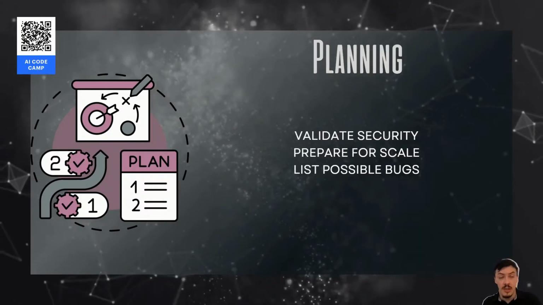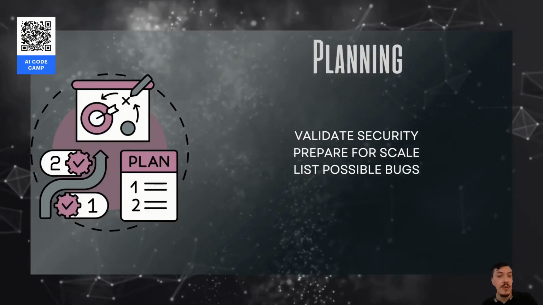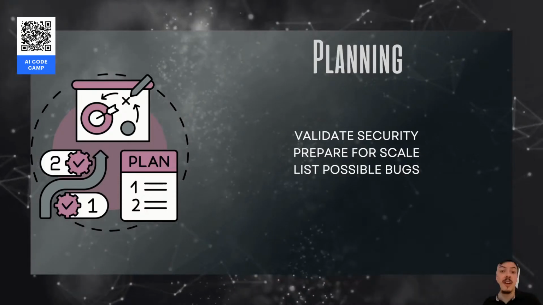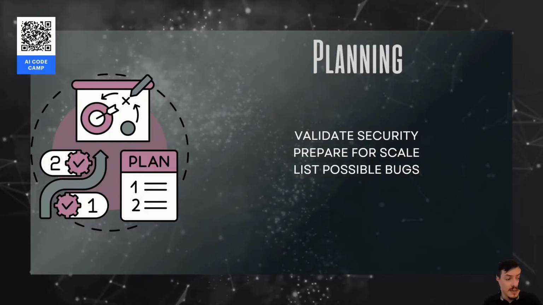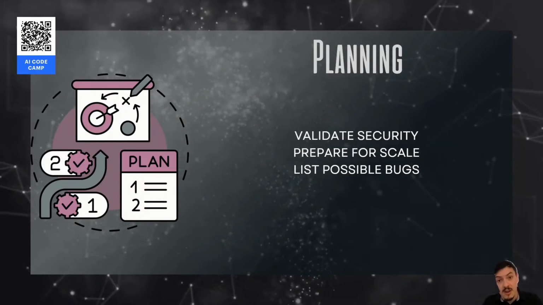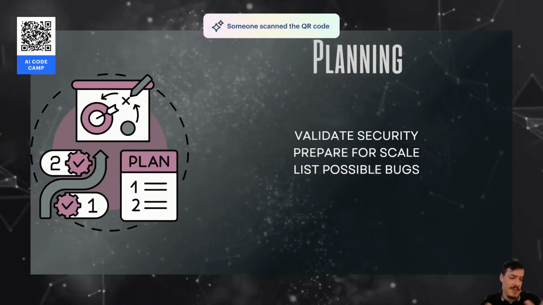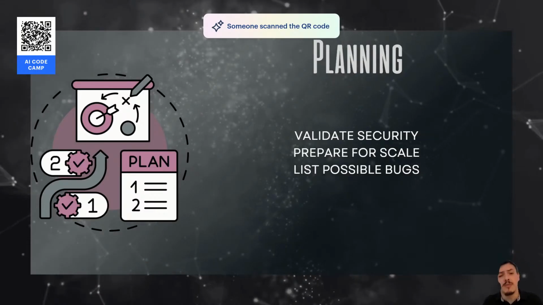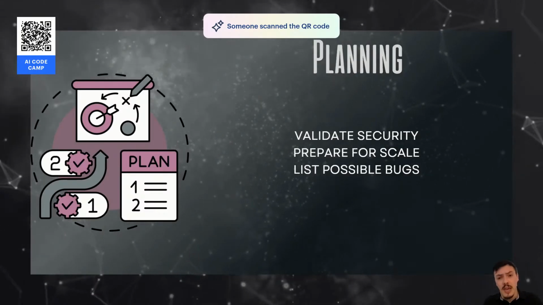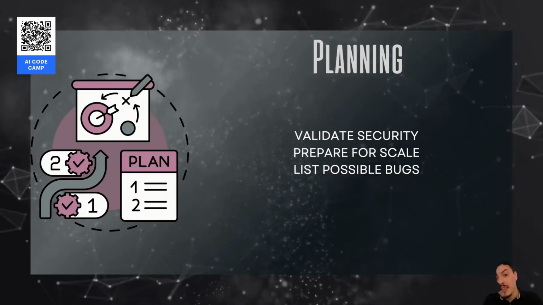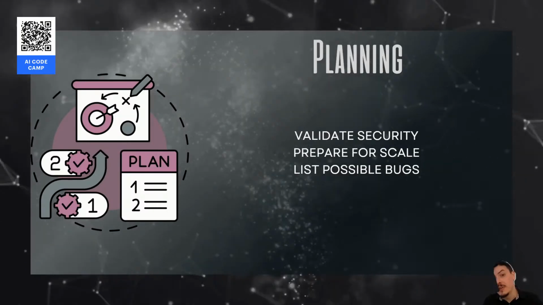We have seen even O3 of ChatGPT finding bugs in the Linux kernel. So imagine, Linux is open source with a lot of the very good developers of the world helping to build it, and still O3 was able to find bugs inside the open source of Linux.